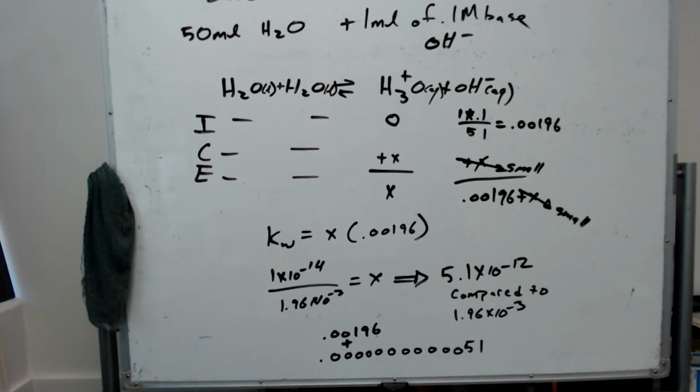There's 3 places where this gets important. When we are looking at the leveling effect, part of the leveling effect is when the x is small approximation fails.